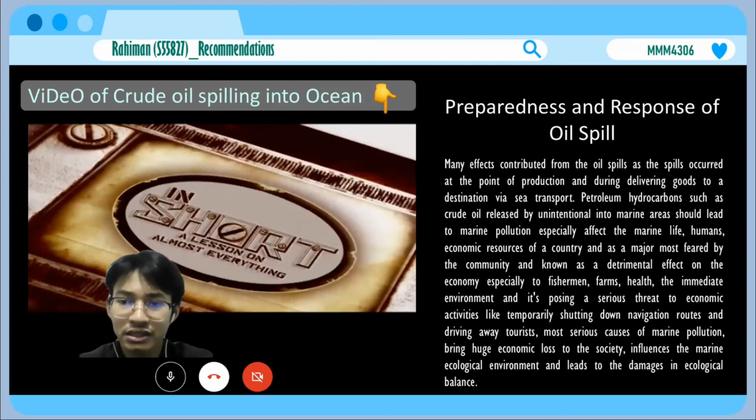Petroleum hydrocarbons such as crude oil released unintentionally into marine areas lead to marine pollution, especially affecting marine life and a country's economic resources. It is a major concern most feared by the community and has a detrimental effect on the economy, especially for fishermen, farms, health, and the environment, and it poses a serious threat to economic activities like temporarily shutting down navigation routes and driving away tourists. More seriously, marine pollution brings huge economic loss to society, influences the marine ecological environment, and leads to damage in the ecological balance.